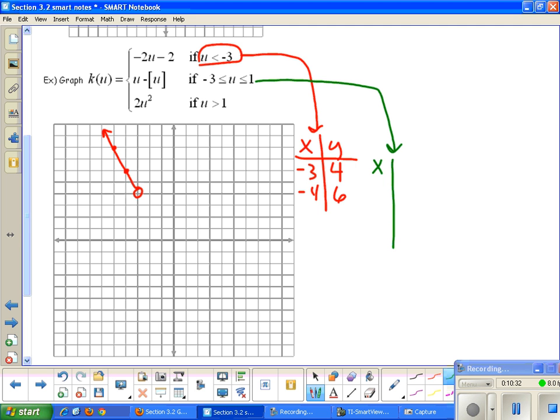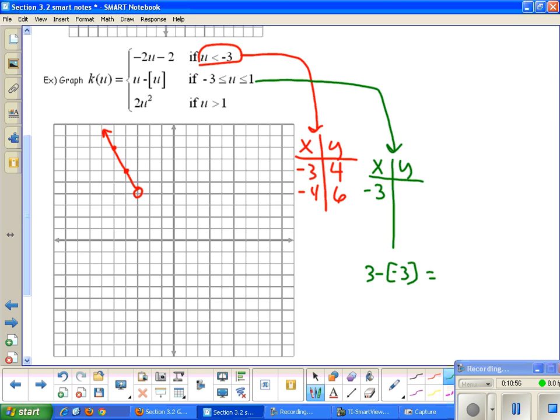So for this next restriction, we have u minus the greatest integer of u. So this one's going to be a little bit more difficult. If I do negative 3 and plug it into that function, I would get negative 3 minus the greatest integer of negative 3, which is negative 3 since it's already an integer.